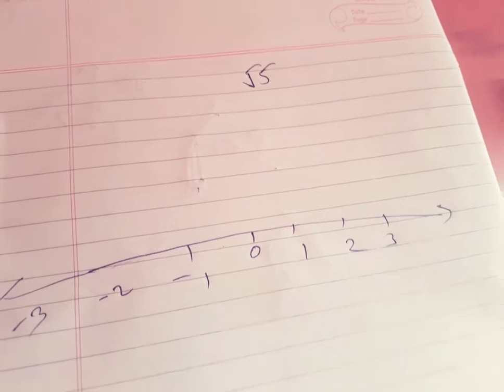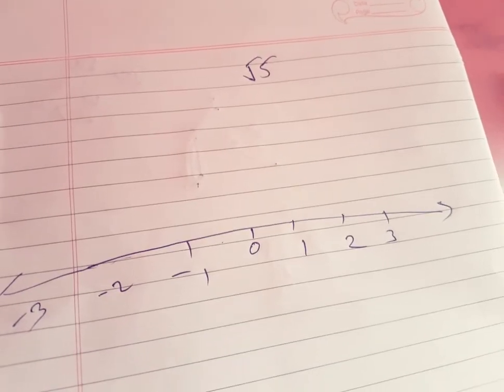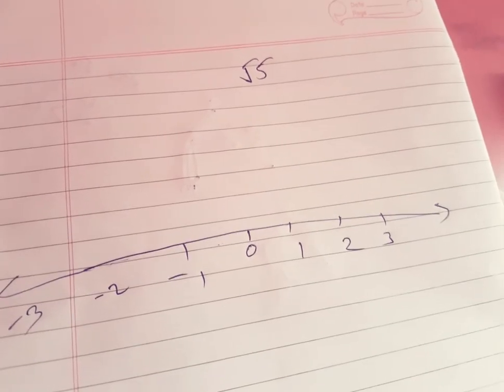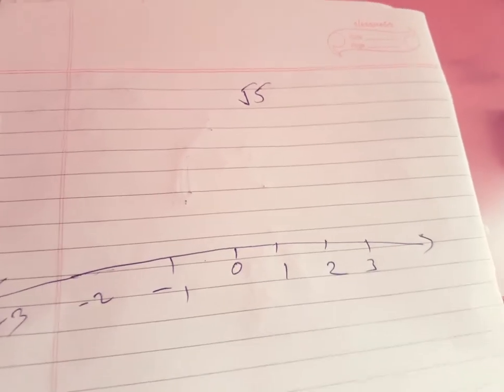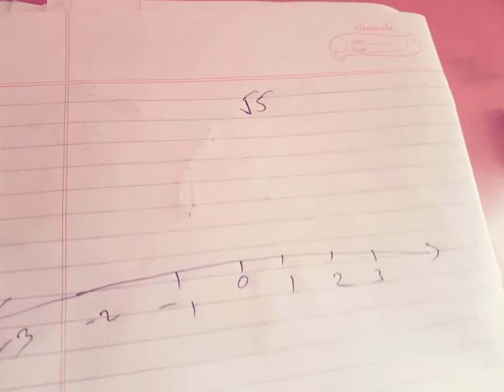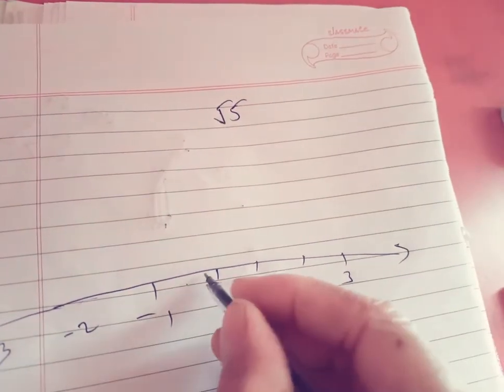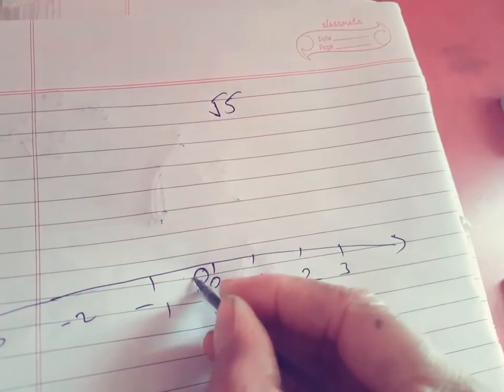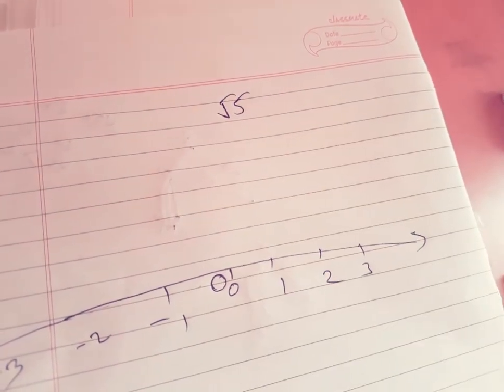You know Pythagoras, the great mathematician Pythagoras explained how to plot the irrational numbers on the number line. So how did he do it, we can check. For example, we took root 5. How did we plot it? The 0 point we marked as O, and for root 5 the just below perfect square is 4.